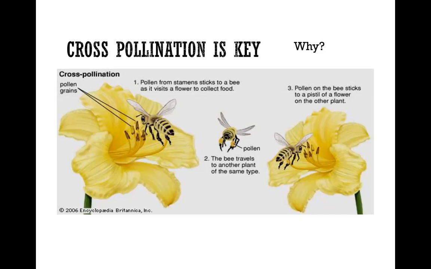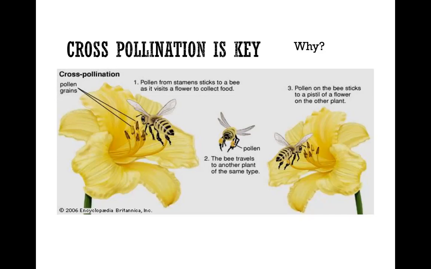And so that'll make it at risk for disease and many other issues that happen when you have low genetic diversity. And so one of the roles of a plant breeder is to improve genetic biodiversity.